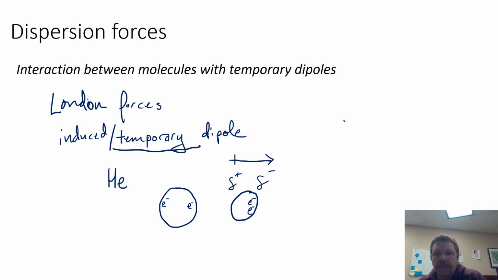And so if you take something like CH4, well, CH4, you've got no dipole moment. All of these bonds basically offset one another.